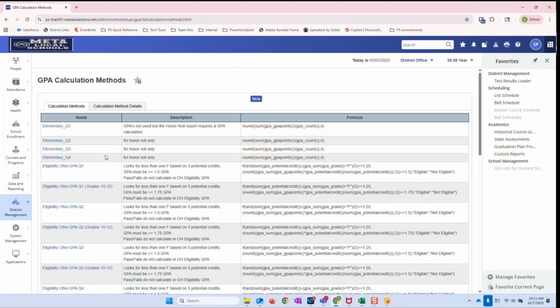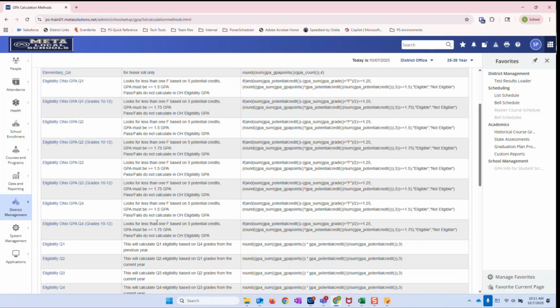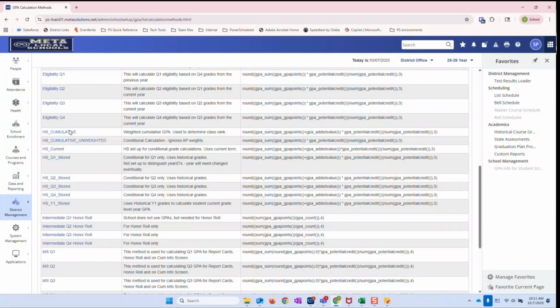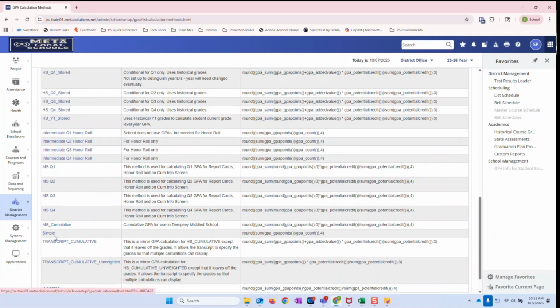So additionally, when we're talking about types of GPAs, you've heard the terms weighted and unweighted GPA. And so you will see in our own train database here, we have high school cumulative unweighted. In the eyes of PowerSchool, weighted means that it's taking the amount of potential credit into account, as opposed to being a simple GPA. So every out of the box PowerSchool system comes with a simple calculation.